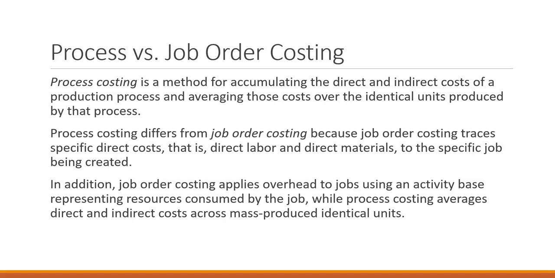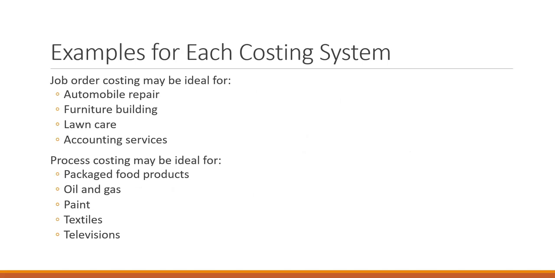This is because job costing is a specialized costing method that works best for unique jobs and service organizations. Process costing is used for mass production manufacturing. So examples of what is good for each kind of costing system.